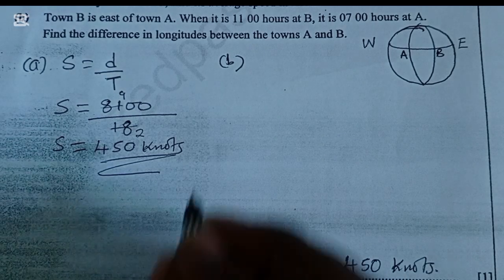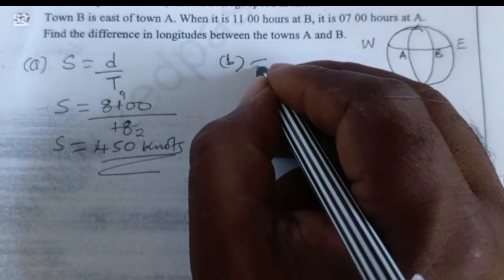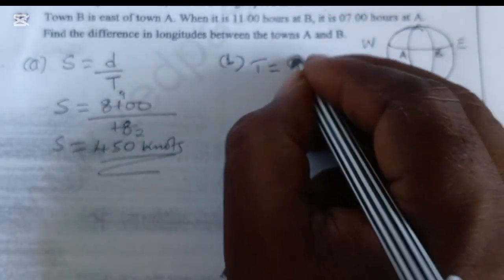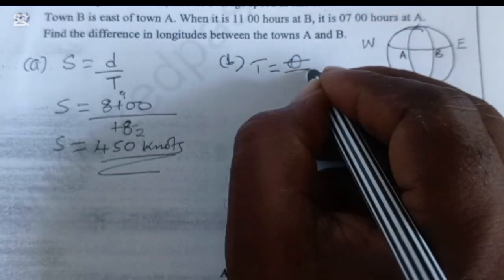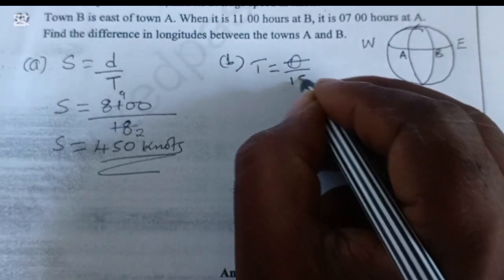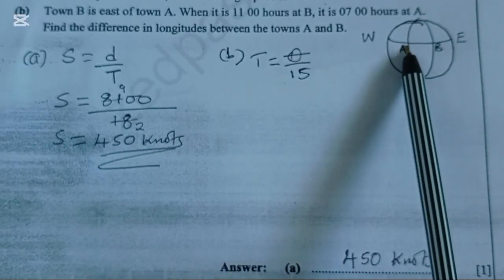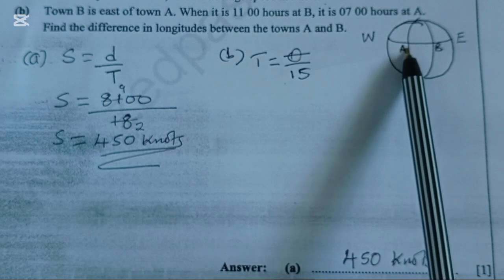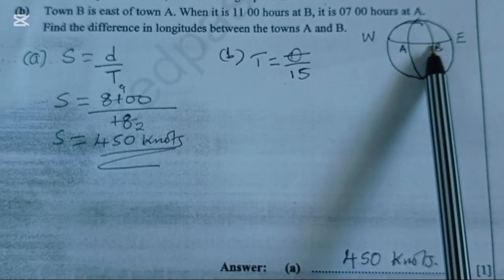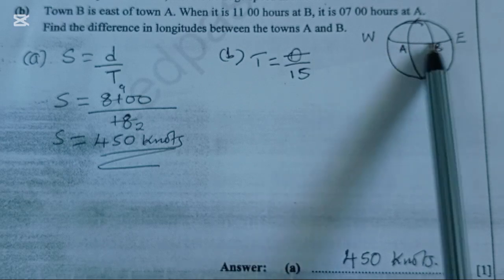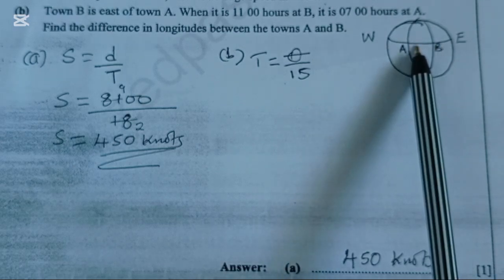So time difference is equal to theta over 15. It is 11 hours at B and it is 7 hours at A. So here we are going to subtract.